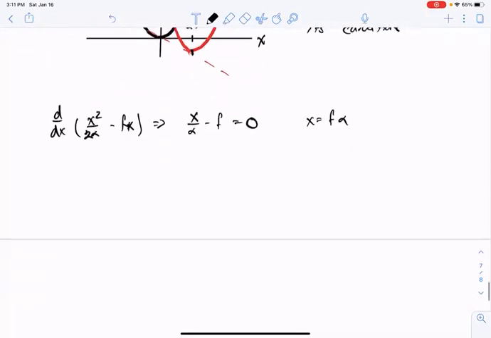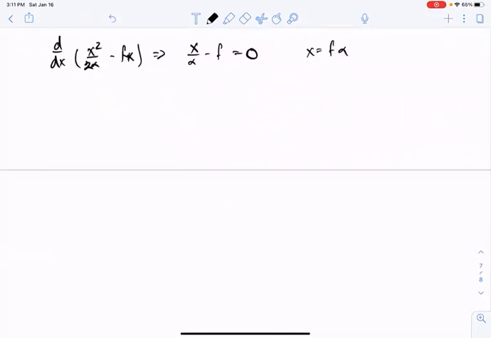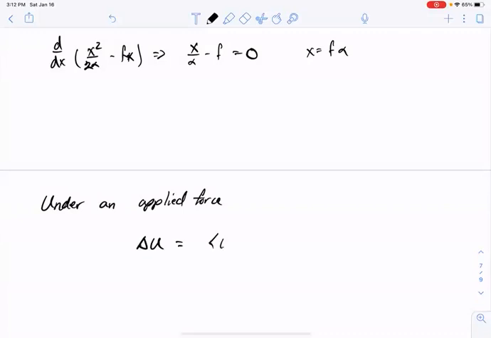With an explicit expression for the partition function, we can go in and ask questions about the change in thermodynamic quantities. For example, the change in the potential in the presence of the force less that in its absence is going to be equal to minus 1/2 alpha times F squared.